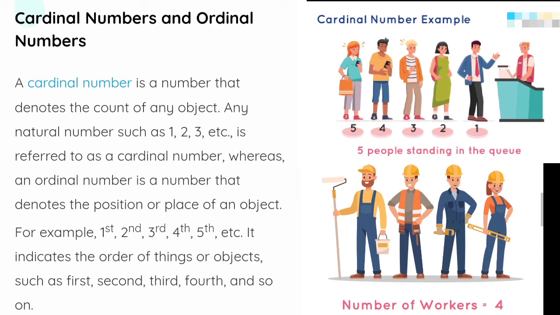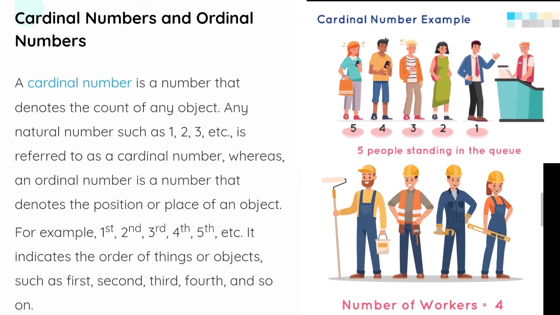If you count from 1 to 4, you can start from the right side or left side: 1, 2, 3, 4. 4 workers are standing. So what is a cardinal number finally? A cardinal number is nothing but the counting of anything. If you count anything, the total count is called a cardinal number.